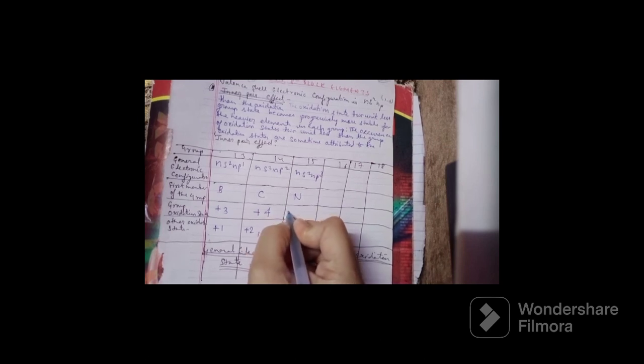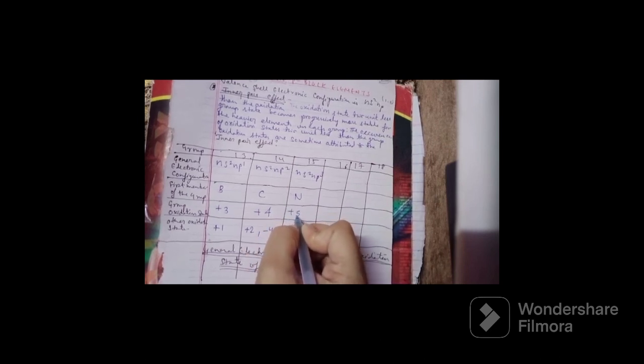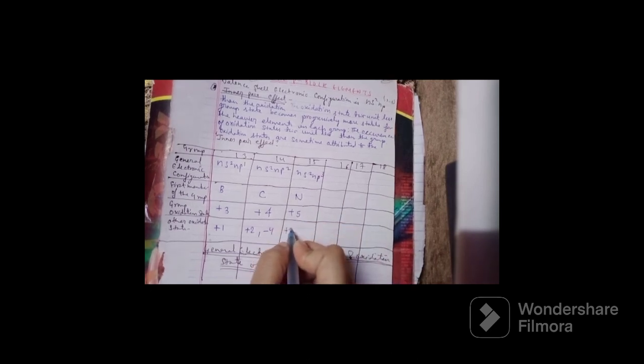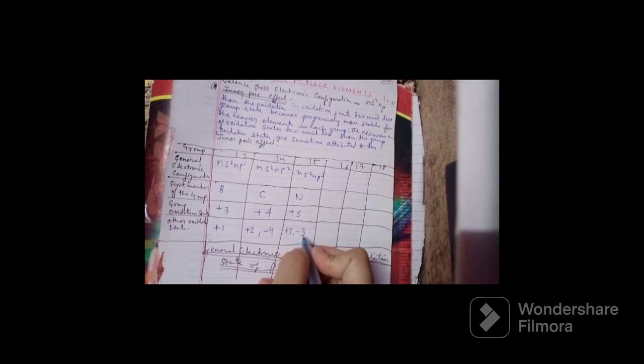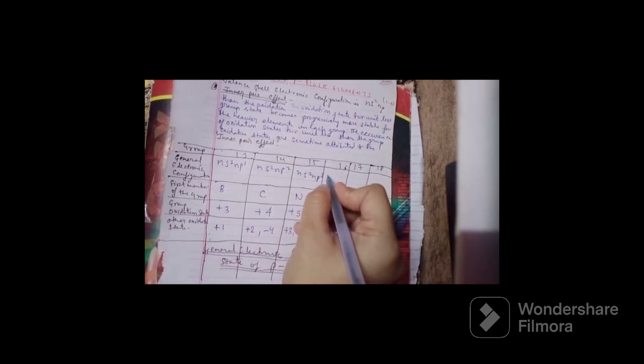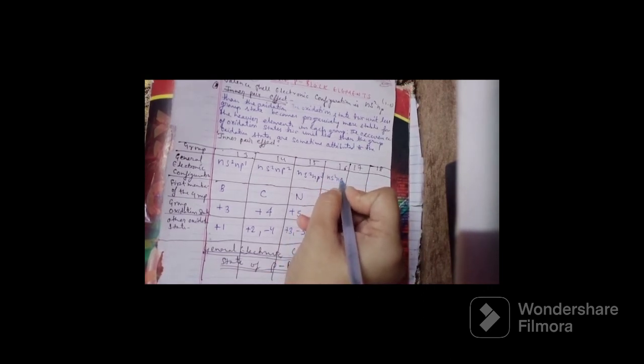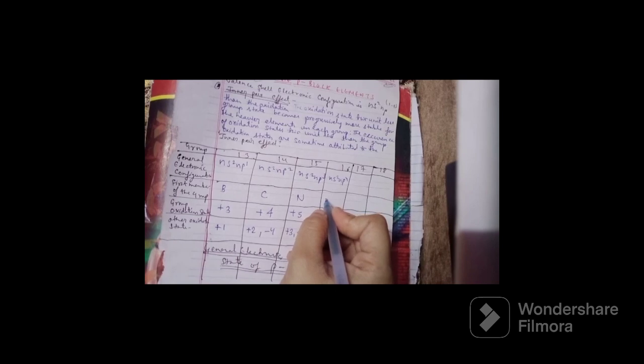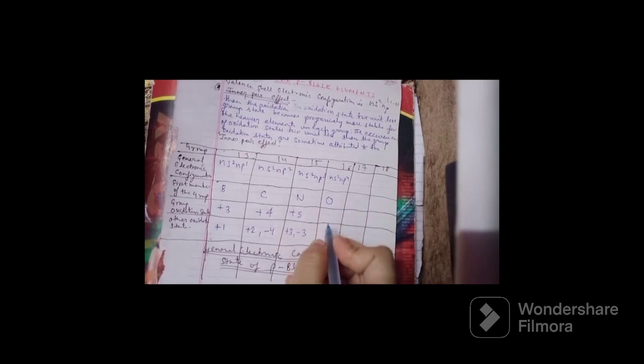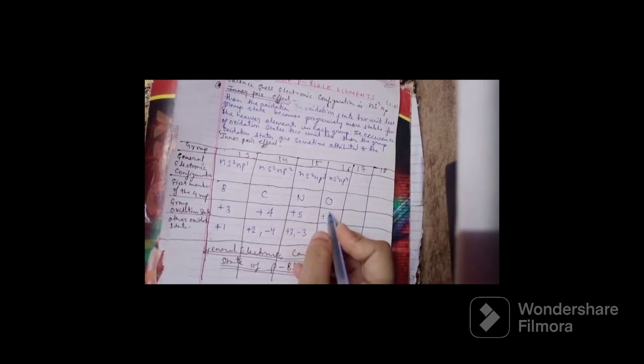The group oxidation state is +5 and the other oxidation states are +3 and -3. For group 16, the general electronic configuration is ns2 np4. The first member of this group is oxygen. The group oxidation state is +6 and the other oxidation states are +4, +2 and -2.